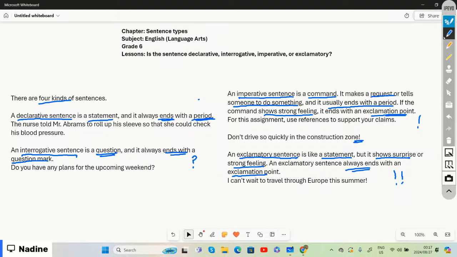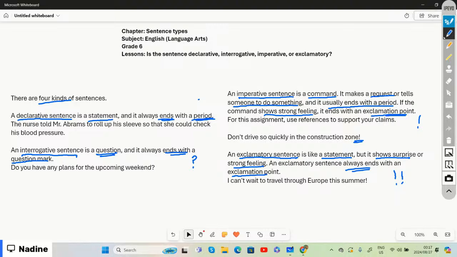So, once again, these are our four kinds of sentences, right? We have a declarative sentence, which is a statement, and it ends with a period. We have an interrogative sentence, which is a question, and it always ends with a question mark.